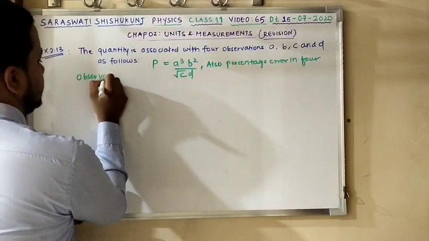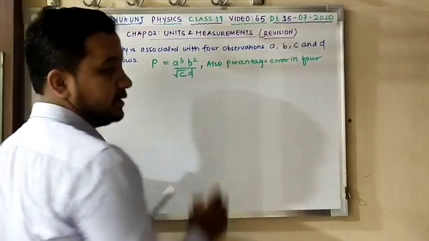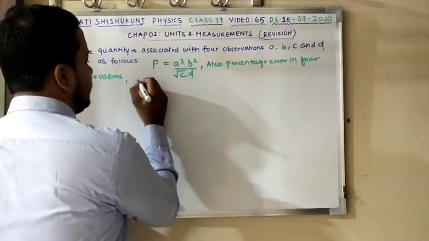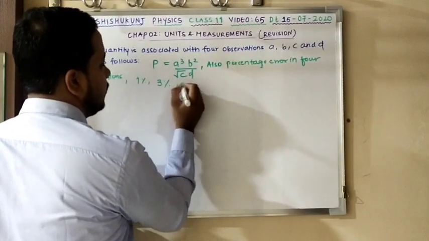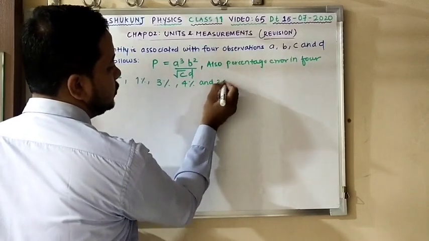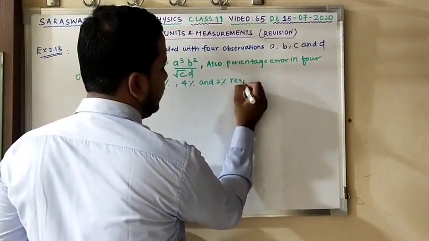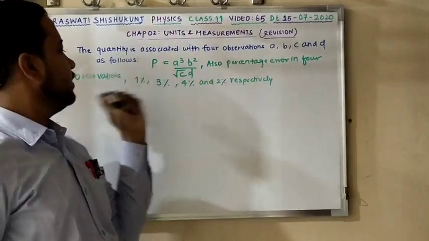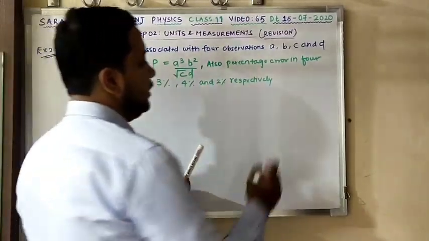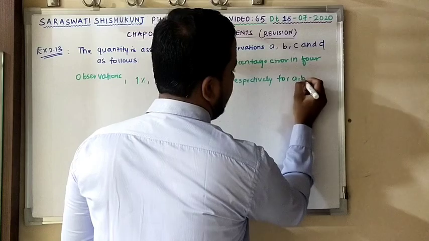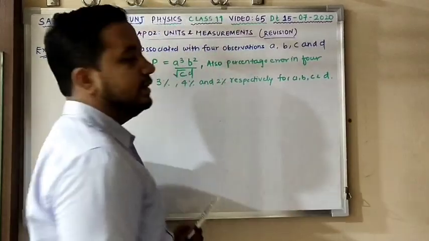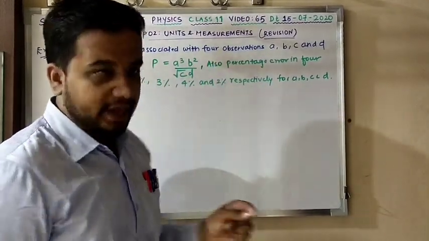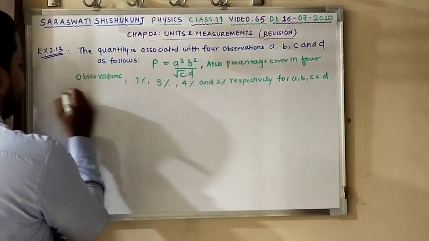These 4 observations have a certain error, and they have given the percentage error for that, that is 1%, 3%, 4% and 2% respectively for A, B, C and D. Is this clear? They have given the error for each individual observation related to the quantity P. For A it is 1%.